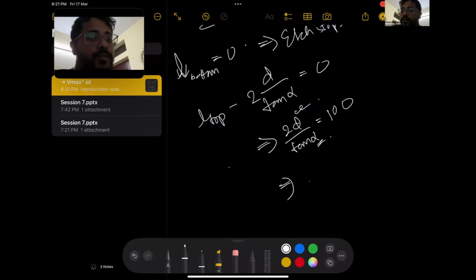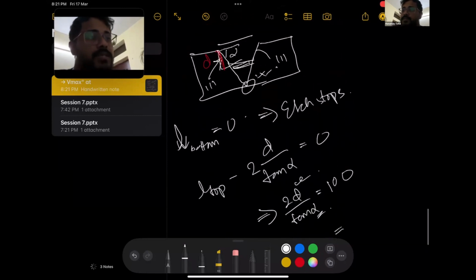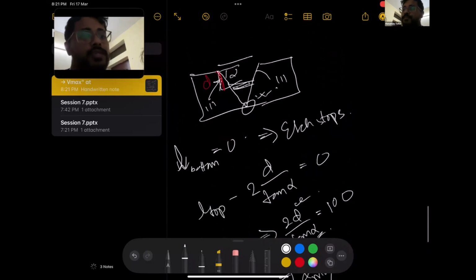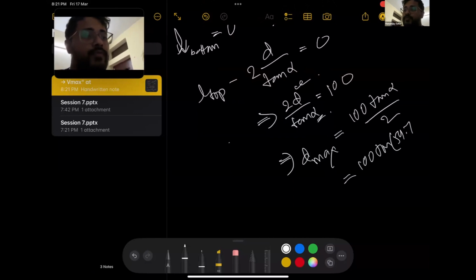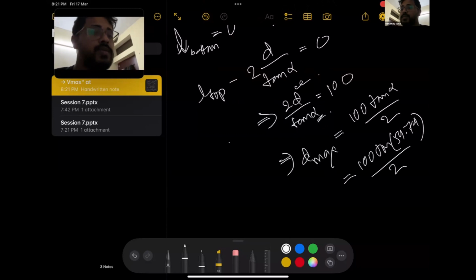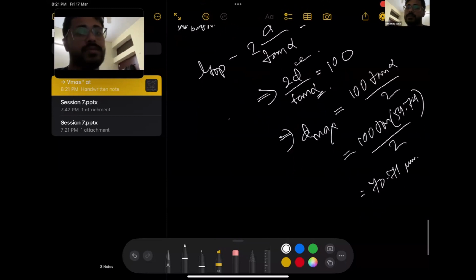From that you can find Dmax, the depth at which the etching stops. Dmax is 100 tan alpha by 2, which becomes 100 tan of 54.74 by 2, which is nothing but 70.71 microns.